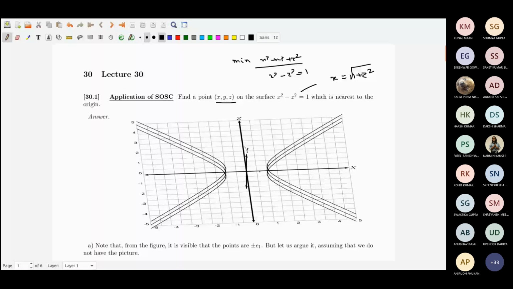And if you want to find out the point that is close to origin, one would imagine that would be the point (1, 0, 0) here, and respectively you will find the point (-1, 0, 0) over here. That's what we observe from the picture.